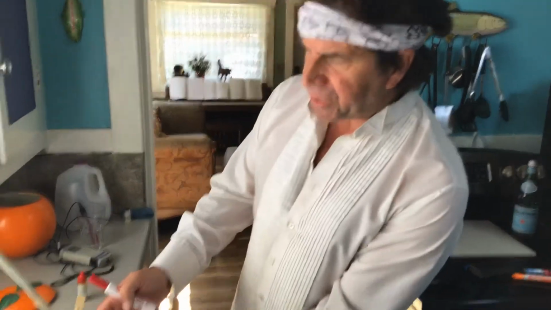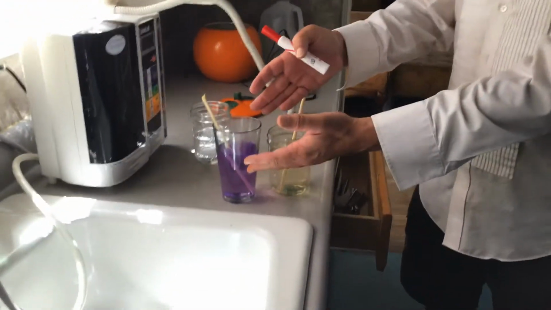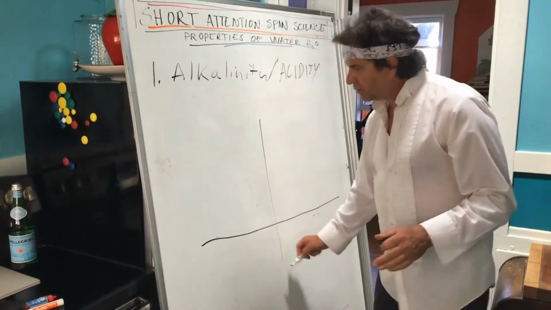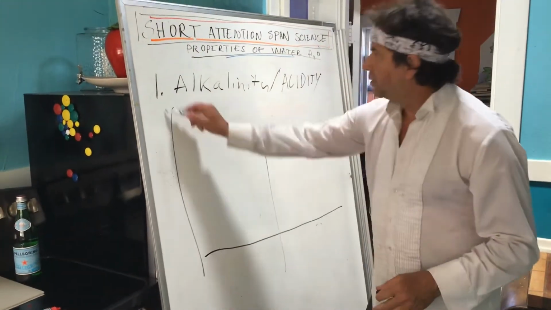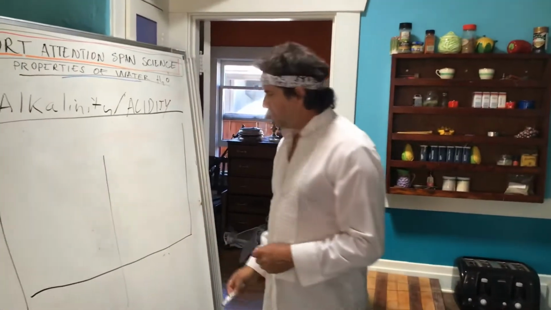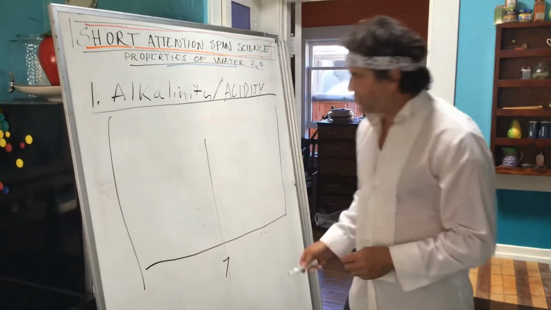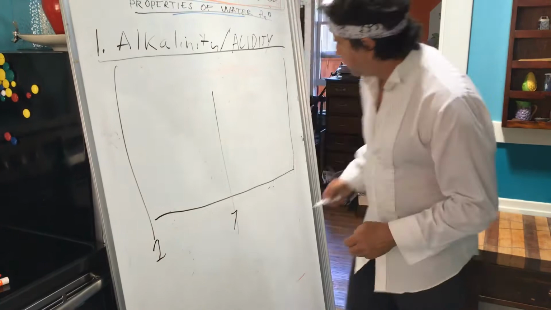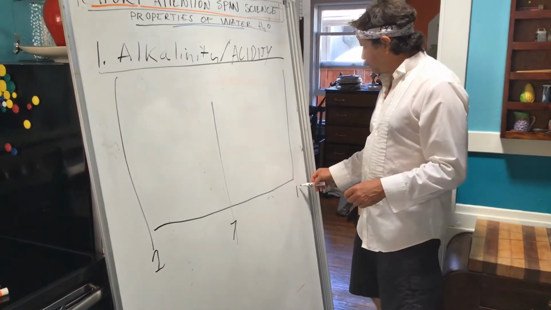So what you're seeing here is acidity and alkalinity. Really quick, because this is short attention span theater: this is the difference between alkalinity and acidity. If you draw it out, 7 is in the middle, 1 is over here, and 14 is over here.